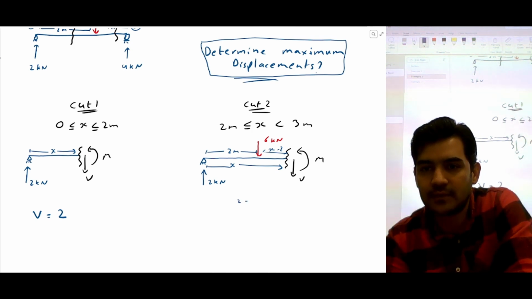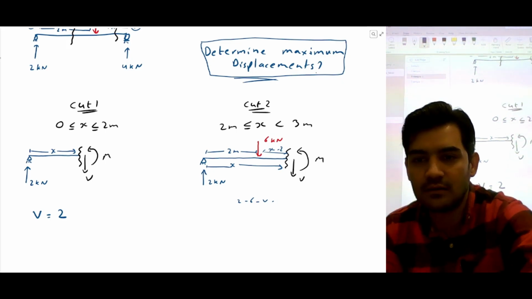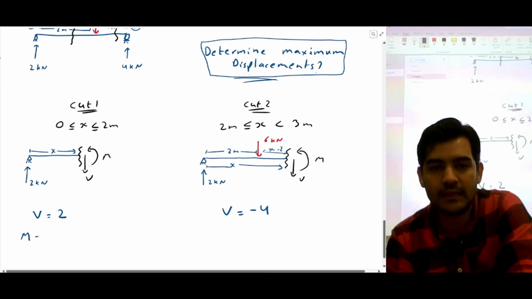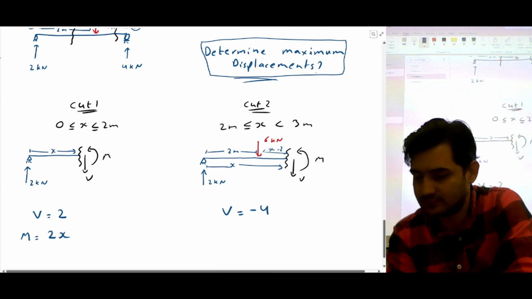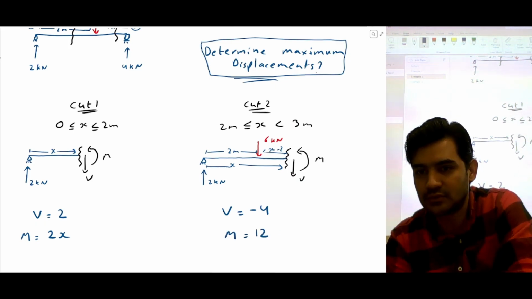And in this case, it's going to be 2 minus 6 minus V is equal to 0. So in this case, V is going to be minus 4. And moment also you can calculate. You're going to get 2x as an answer. And here you're going to get the moment as 12 minus 4x.